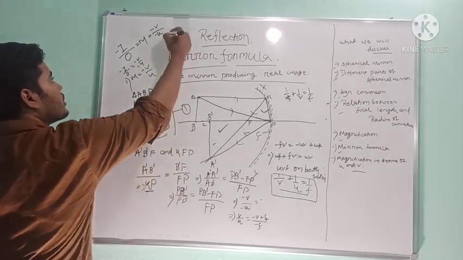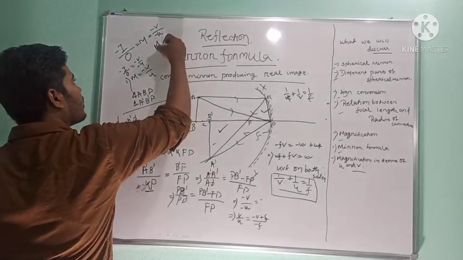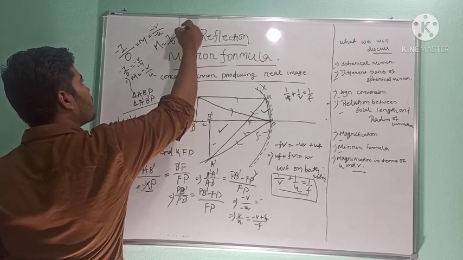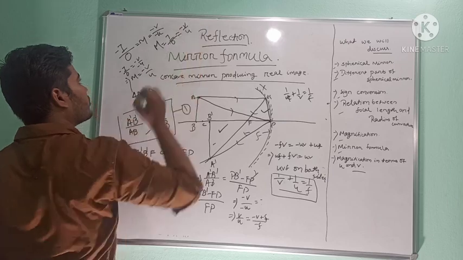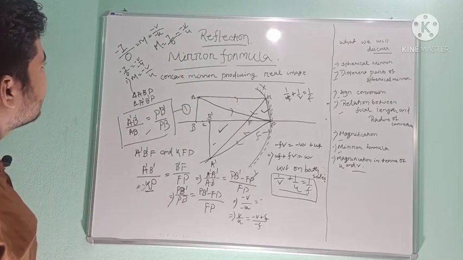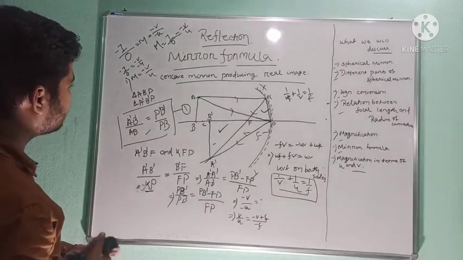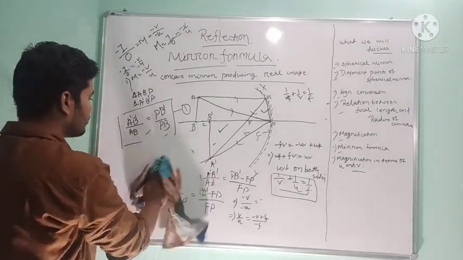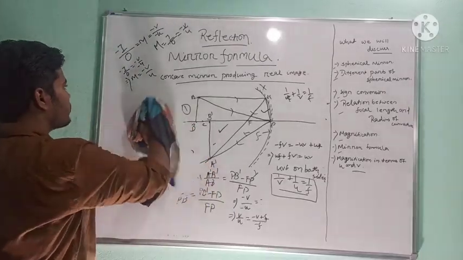So you can say M is equal to I/O is equal to minus v/u. You can find it in any type of images.